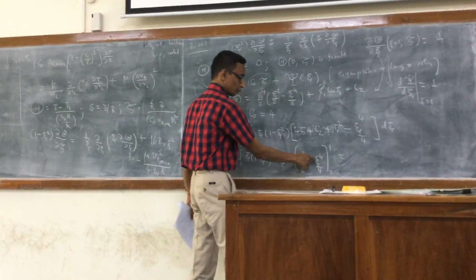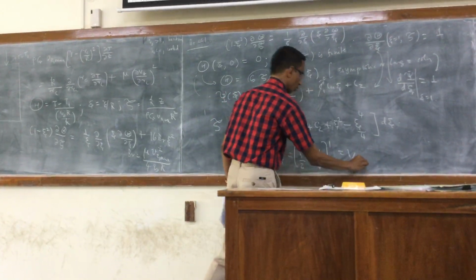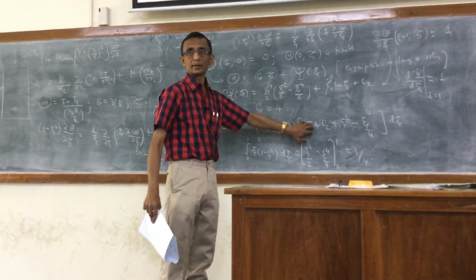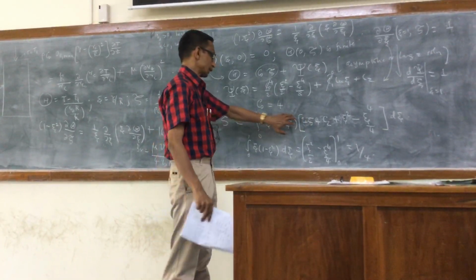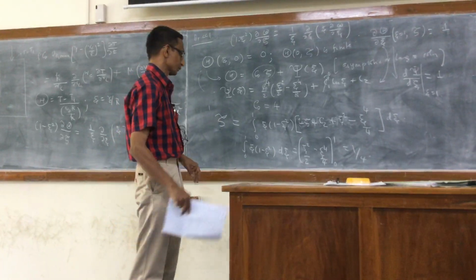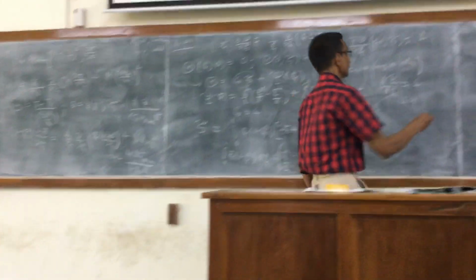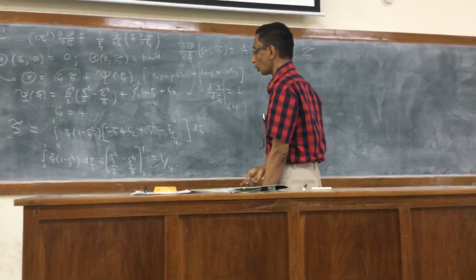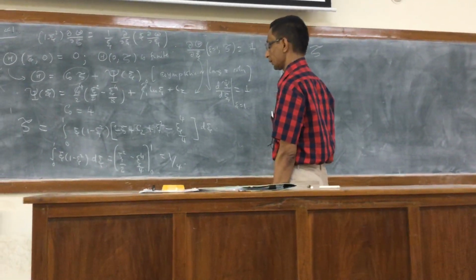So this would be 1 by 2 minus 1 by 4, which is 1 by 4. And so that is going to multiply 4 times theta. So you get a theta here which will cancel with this, right? So we get theta is equal to theta. So that will get removed and we can then determine C2.